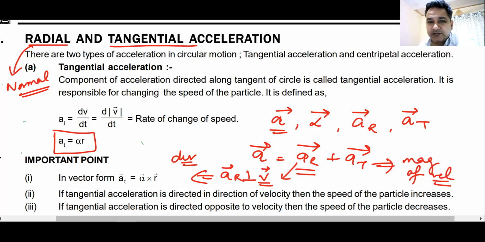For your case, you can also change the direction, but that case will not come to you. Direction means axis. AT changes the magnitude of velocity. Do we understand this?